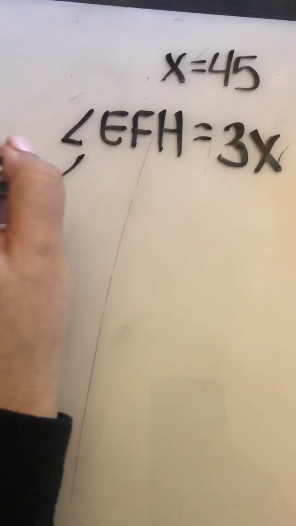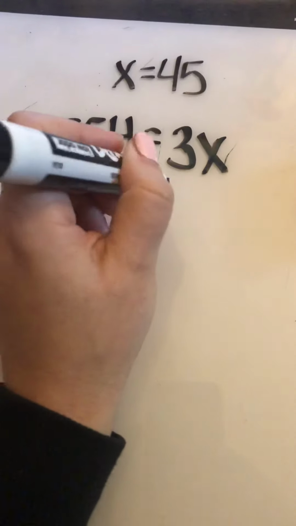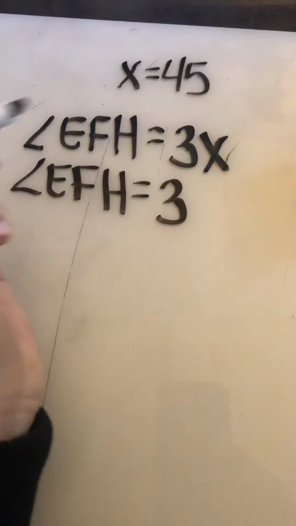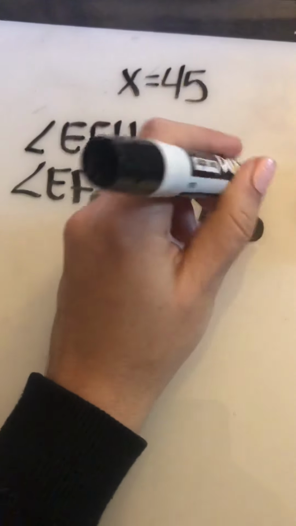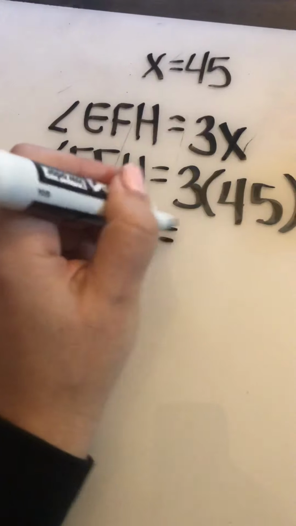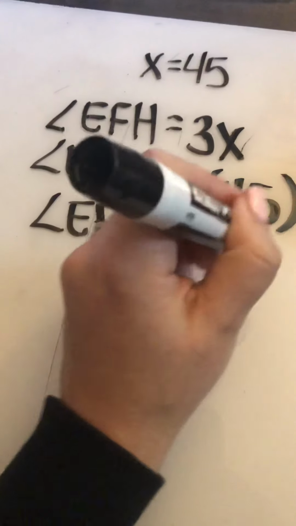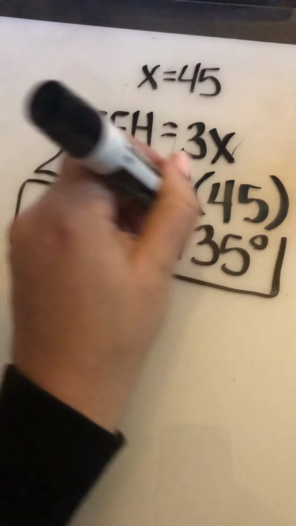So I'm going to have angle EFH equals 3, not times x anymore because I know what x is, 3 times 45. And when I multiply 3 times 45, I'm going to get the measure of EFH, which comes out to 135 degrees. Okay, so we have one of our angles.